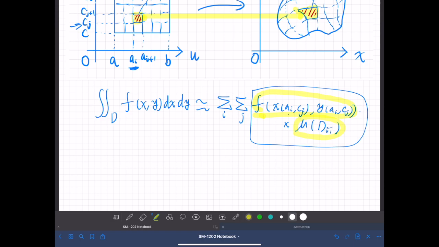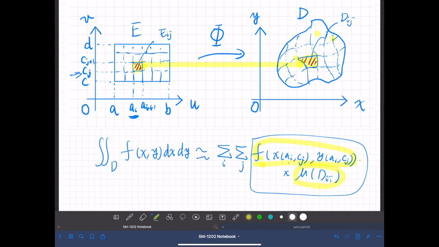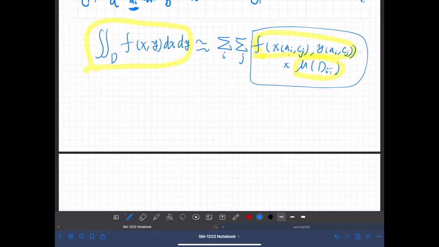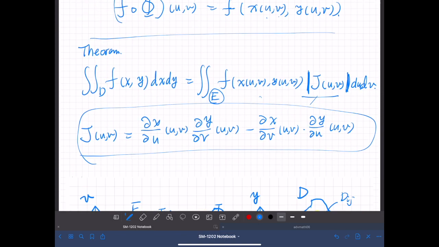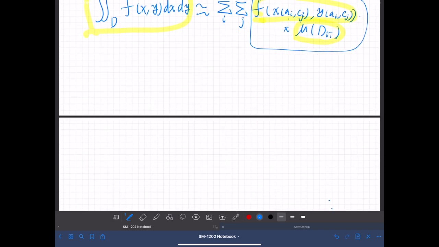If we add these quantities over all these small regions, then we can approximate this integral. Next, look at the right-hand side of this equation. This one can be approximated as this.